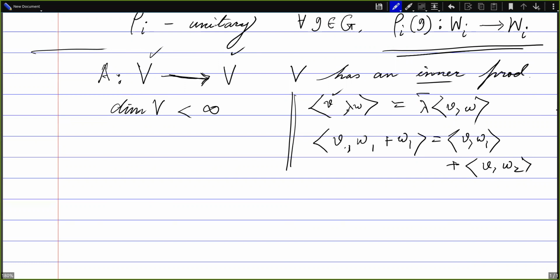So the Riesz representation theorem says, given any... sorry, let me make a change.